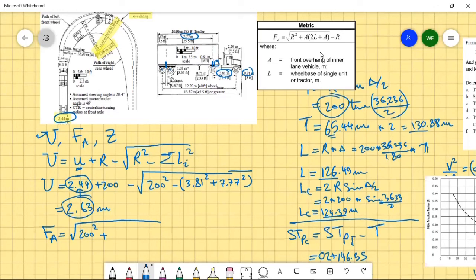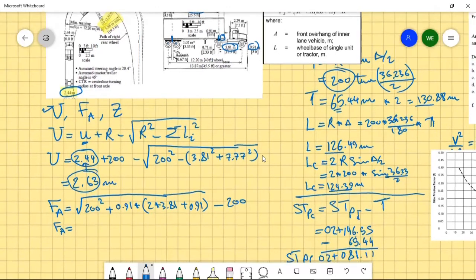So here it's 0.91 multiply 2 multiply 3.81 plus 0.91. All of this under the square root. Then minus 200. So front overhang equals, actually we don't consider the back one here because it's called the front overhang.